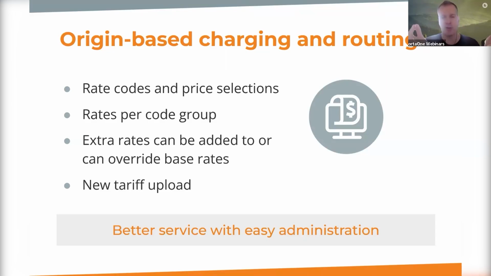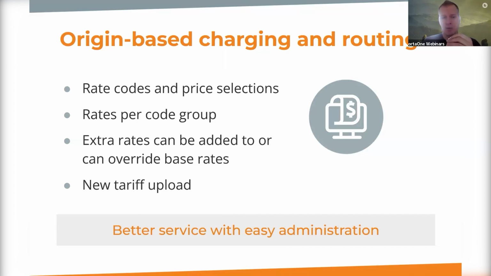Or sometimes for simplicity, we just call them codes. Okay? So everything now is rate code. Also, the grouping that we used to have, like destination group set and destination groups, were converted into rate code groups, and those groups are inside of a code group set. So that's the first part that we had to do, make that naming relevant to origin-based charging.